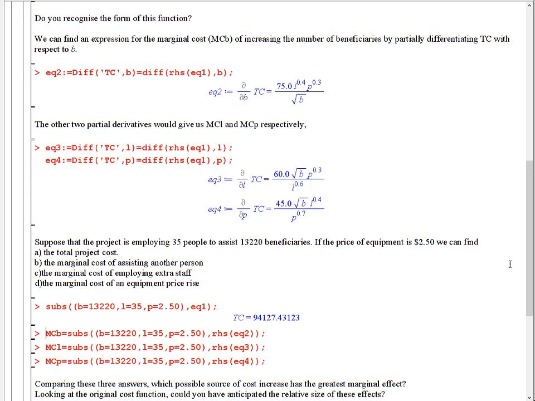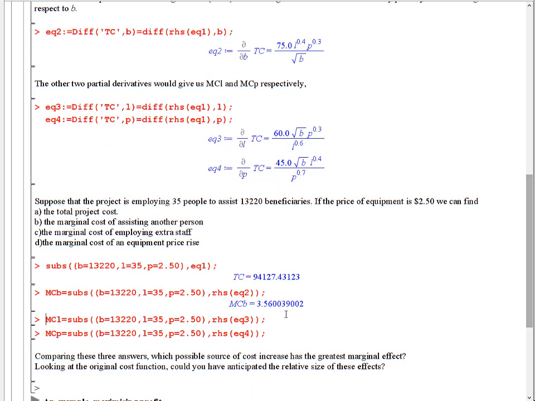It doesn't say what units. Oh, dollars, yes, dollars. Then what's the marginal cost of assisting one more person? You put these same numbers into this equation, the partial derivative with respect to B, and you find that that would cost you an extra $3.56 to assist one extra person.